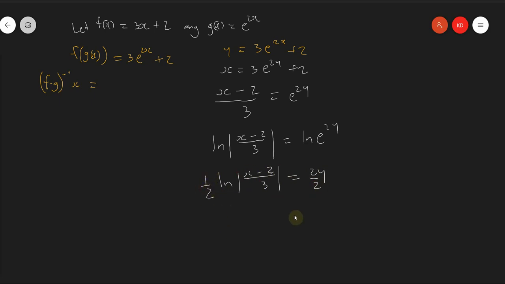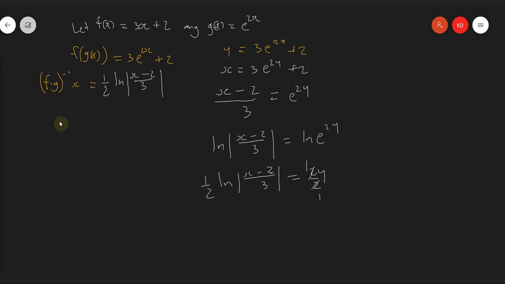That's simply half that. The 2 cancels, so y is equal to half ln of x minus 2 over 3. So that is fg inverse.